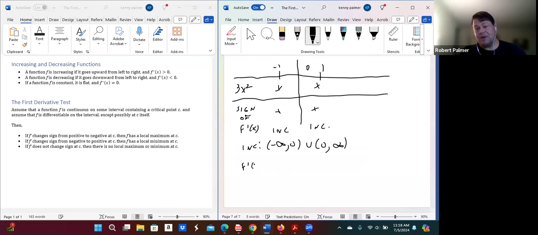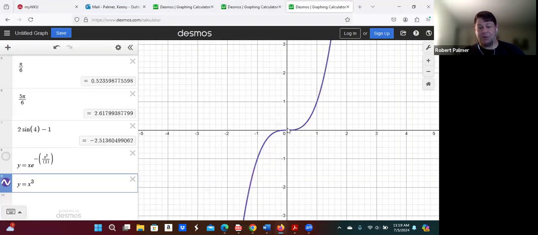So f prime of x doesn't change from positive to negative or negative to positive. So no local maximum or minimum. In this case, it doesn't have a local maximum or a local minimum, and you can see that it's always increasing except for that point right there where the derivative is 0.